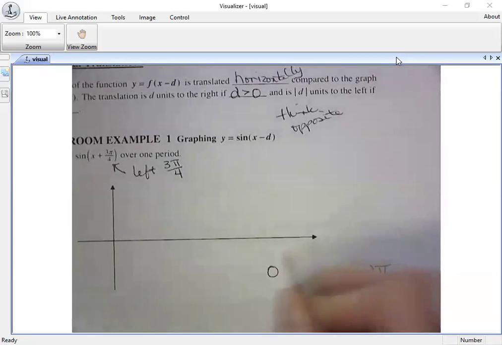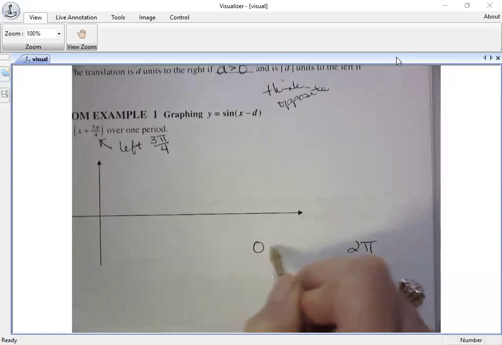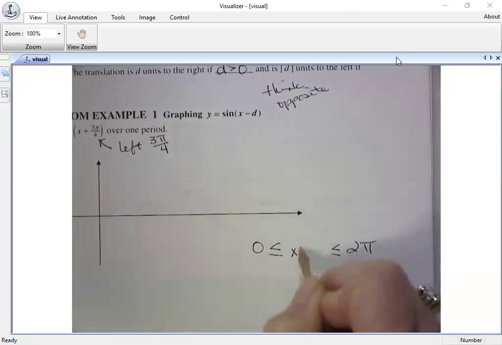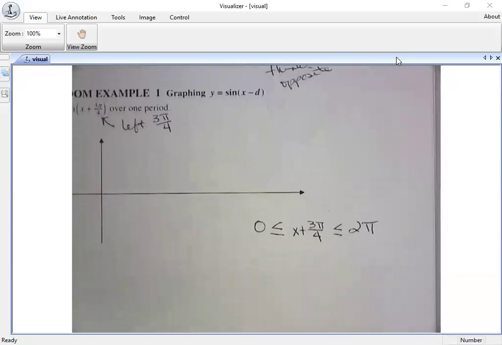What I want to do is put x plus 3 pi over 4 sandwiched between them, and this is going to let me solve to figure out where it should start and where it should stop. Now, you may be able to do that a different way, but especially if we get some other stuff going on, you might find this is helpful.